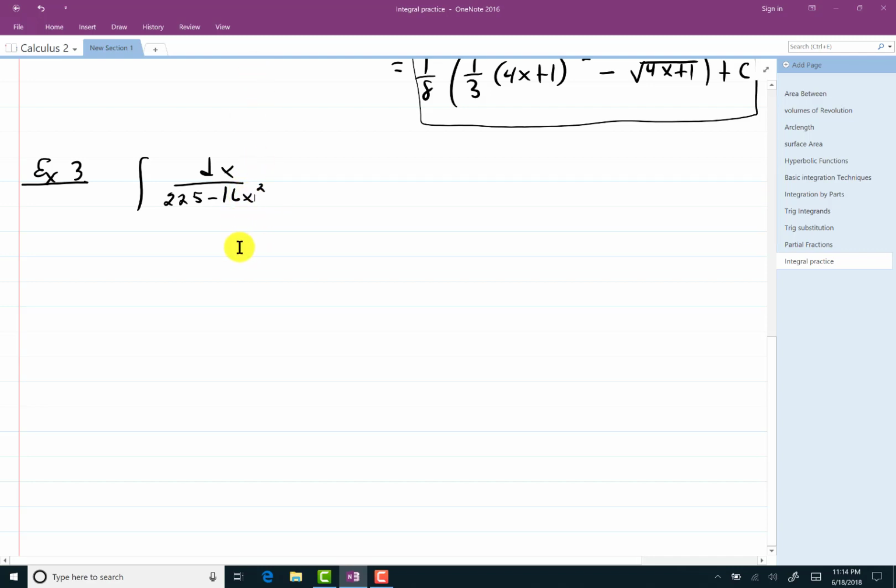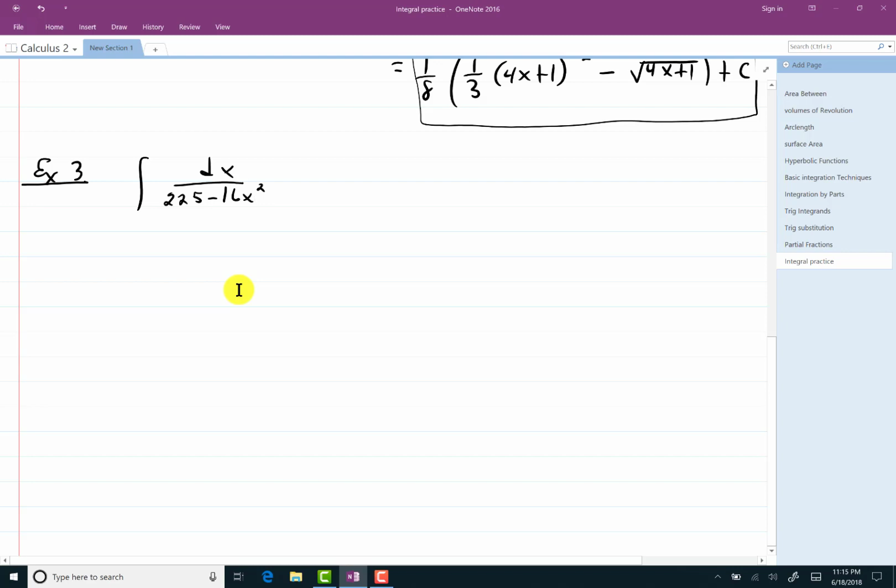It can be as high or as low as it wants to be, and only at special places like plus and minus 15 over 4 is this undefined. So since sine doesn't cover all the possibilities of what x is allowed to be, that would be a bad substitution. You could try to let u maybe equal this denominator, but when you take du, you'll get 2x dx, and I don't see an x anywhere around here.